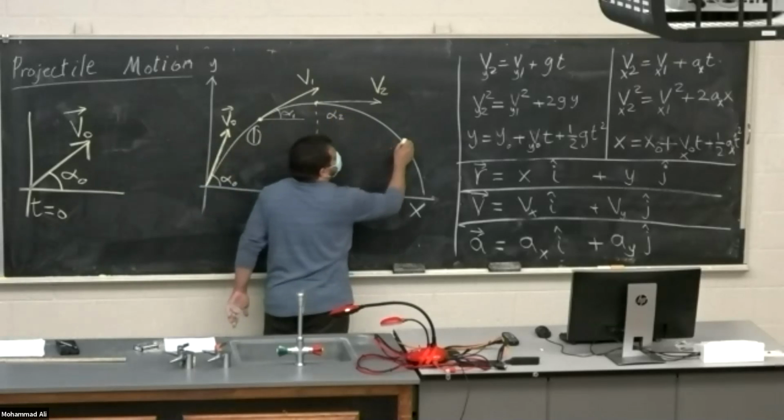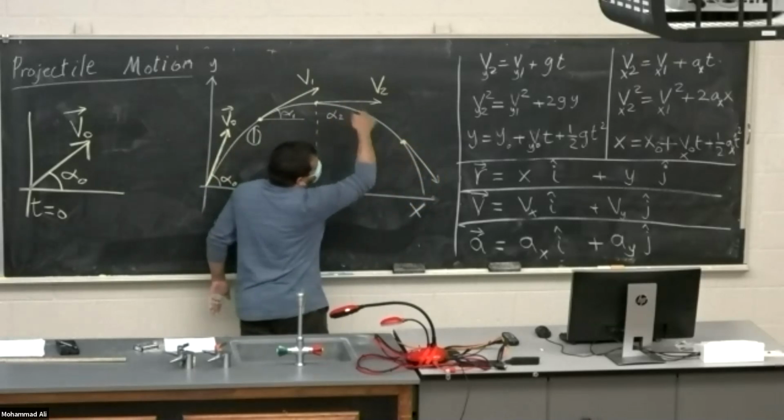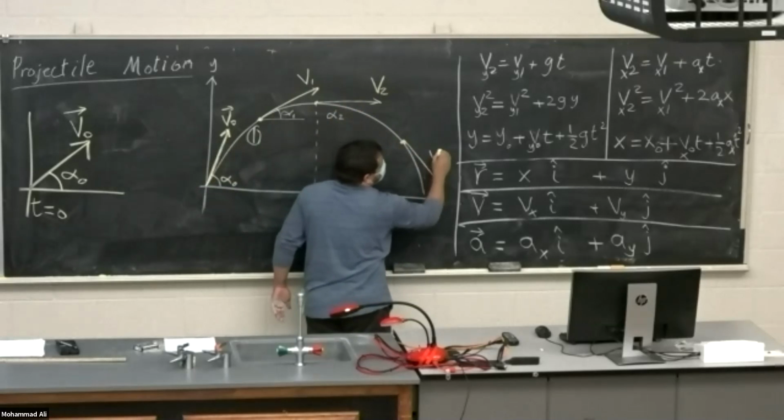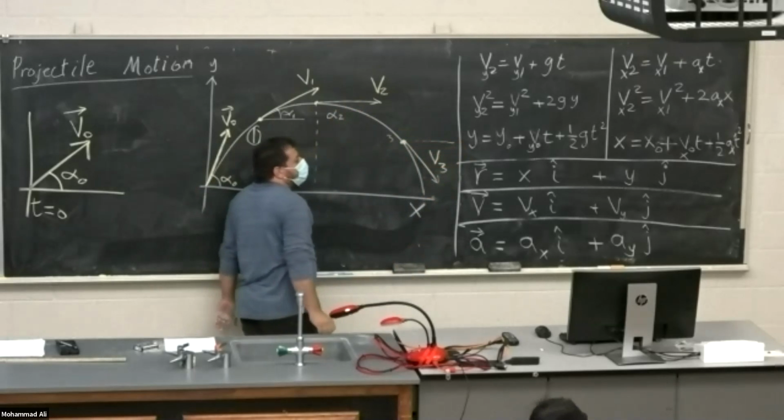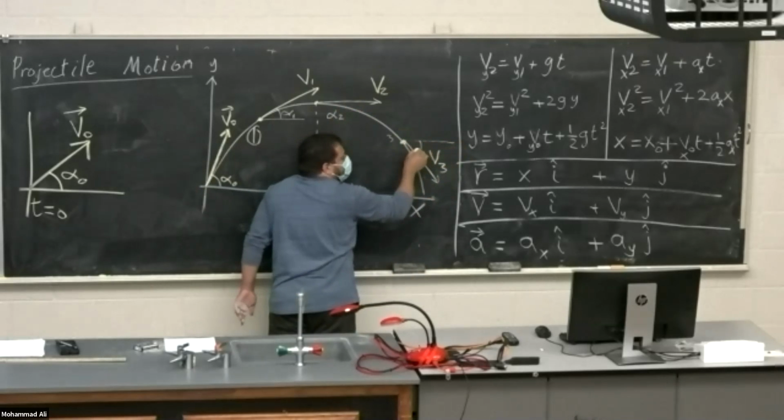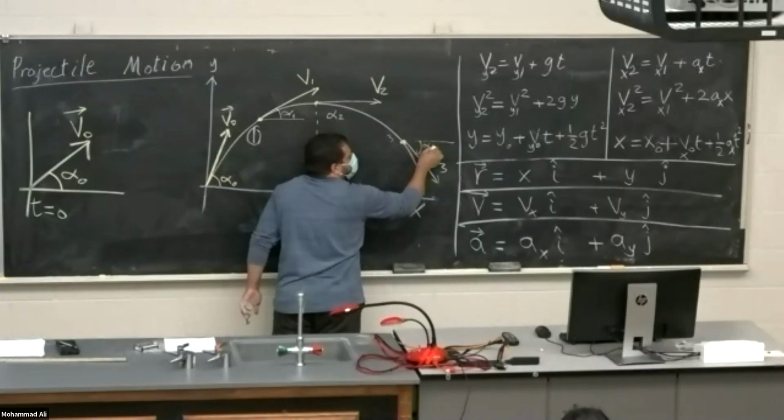What if I am here? I have this velocity, which is in the tangential direction. This is v3, for example, and this is the angle, alpha 3.